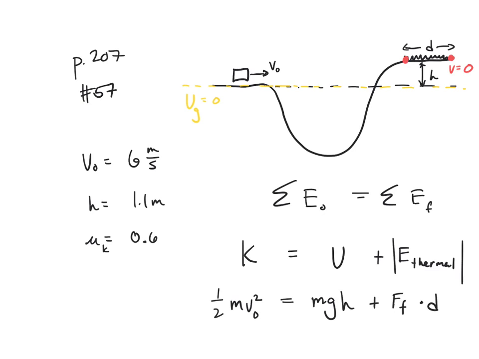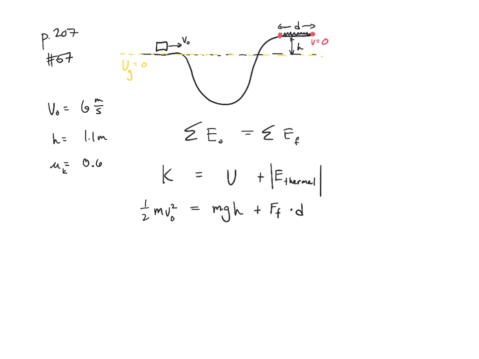They would have to tell you that Ff as an average is this value. Yep, absolutely. Now, again, for this problem, it's not the scenario, so I'm not concerned with that. So we're looking for d. I'm going to replace Ff with mu mg.